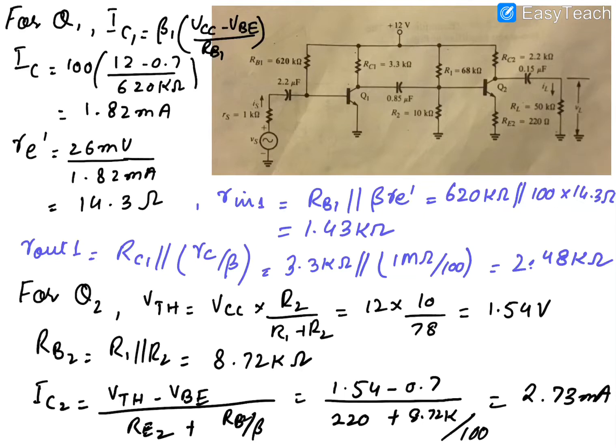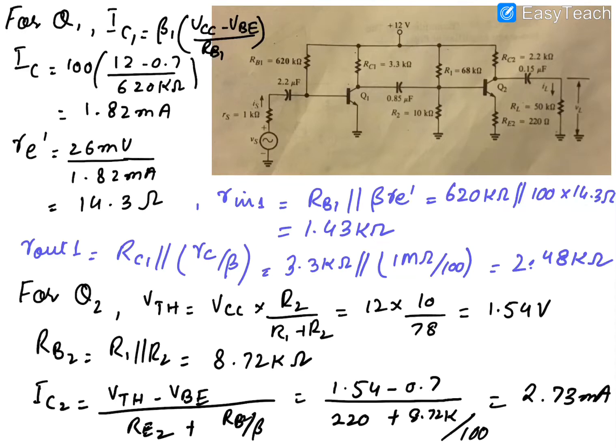Beta is 100, VCC is 12, and RB1 is 620 kilo ohms. So IC1 is 1.82 milliamperes. RE dash, the emitter resistance for Q1, will be equal to 26 millivolts divided by IE1 or IC1, both are equal, so it is equal to 14.3 ohms.